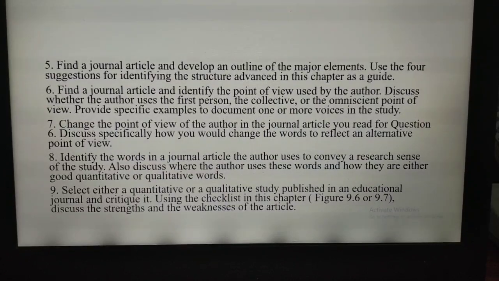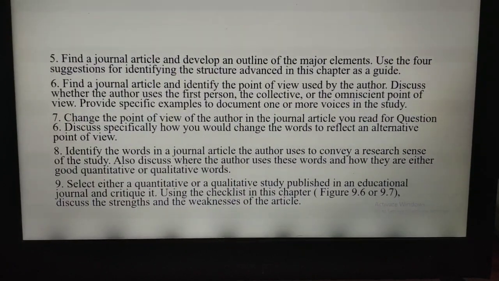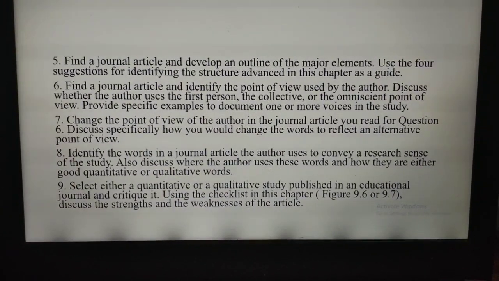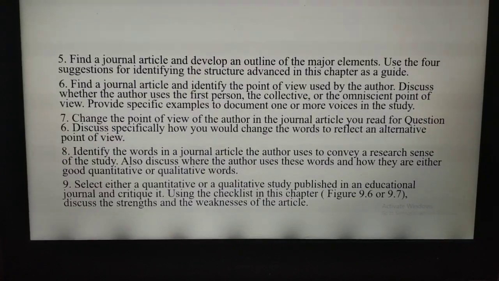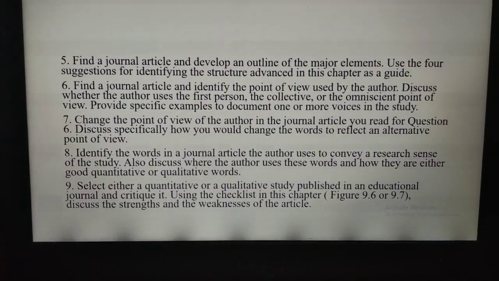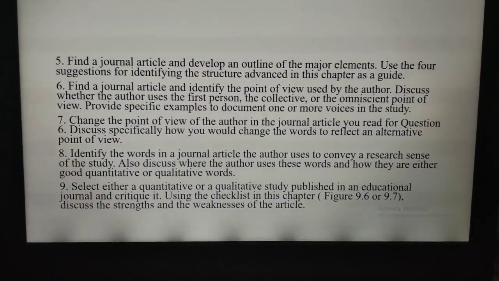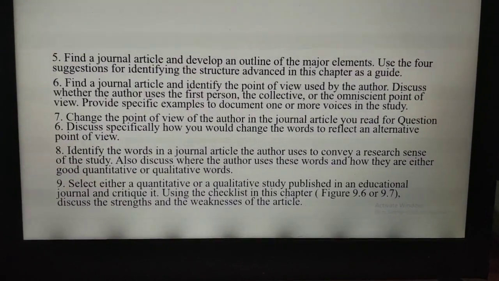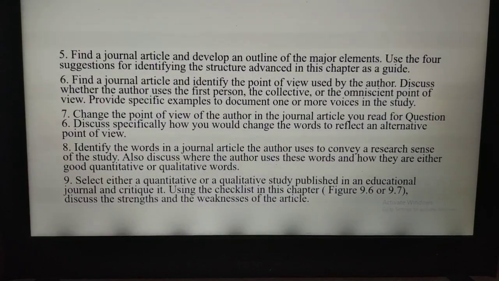Number six, find a journal article and identify the point of view used by the author. Next is, challenge the point of view of the author in the journal article you read for the previous question. And the next, discuss.